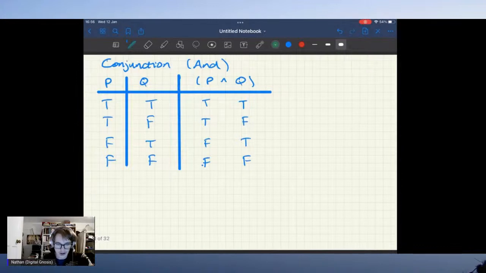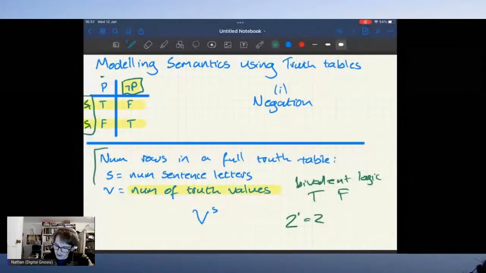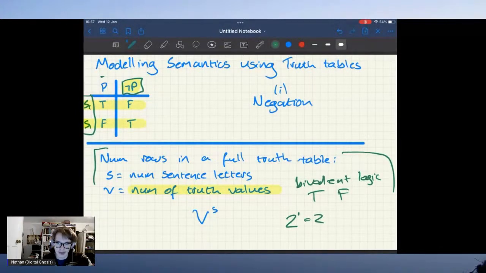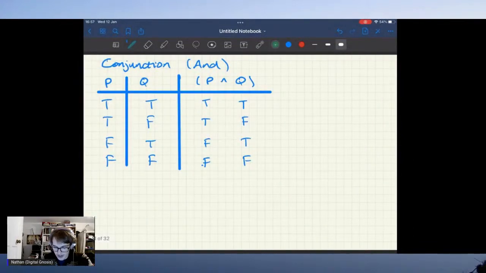Okay, so conjunction, and notice in terms of writing this out again that we've got the same rule being applied. It's just a part of combinatorics. Maybe I'll do some other videos on combinatorics where we can cover exactly why mathematically this is the case. We're just choosing and combining a certain number of things. But in this case, we've got 2 sentence letters, and we're still in our bivalent logic, true or false.